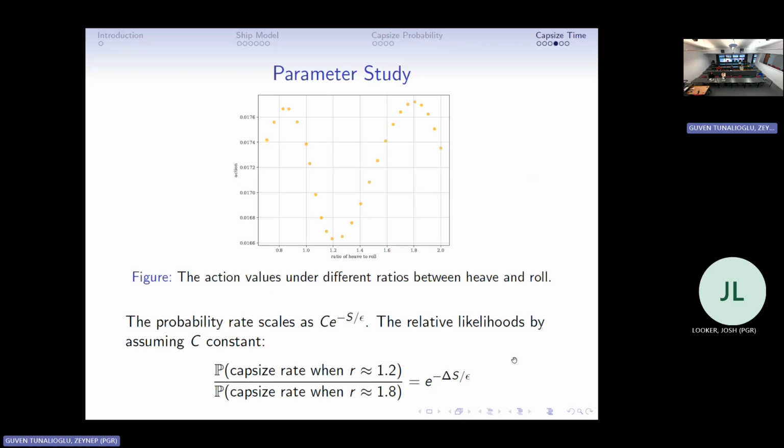If we compute in the large deviation equation and compute the difference, we see that under some small noise, epsilon, say epsilon is 10 to the power of -4, then the difference between capsize for the smallest point to the biggest point is roughly 6 to the power 6 times 10 to the power of 6.